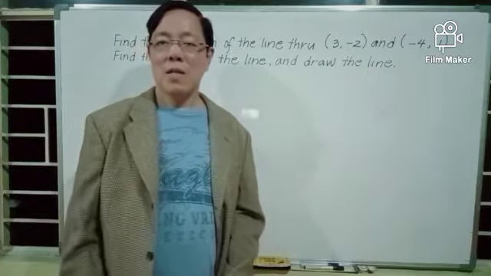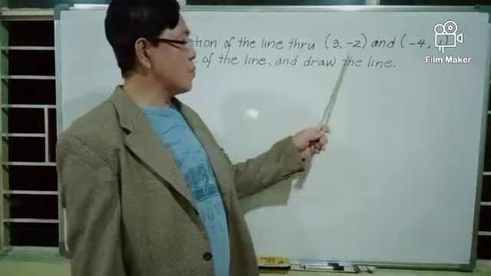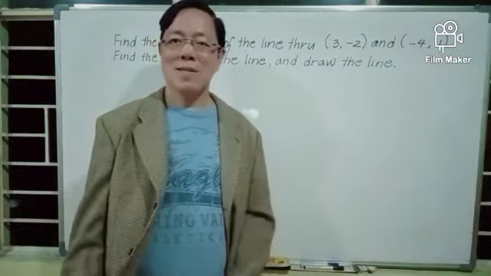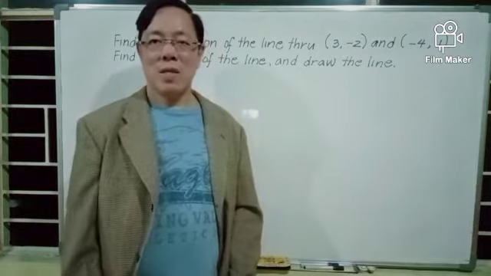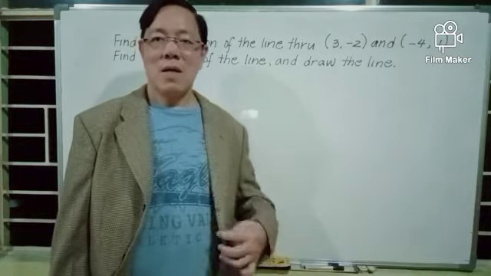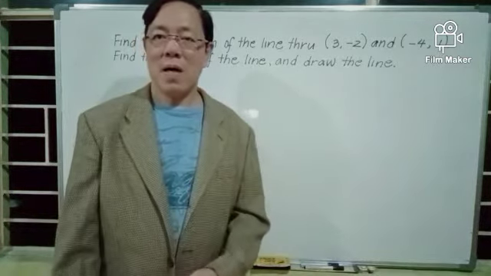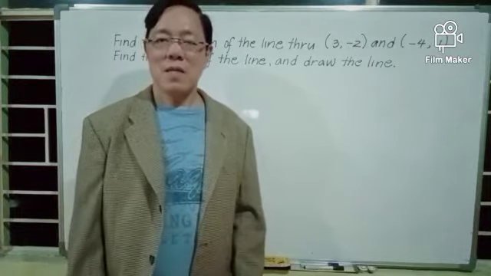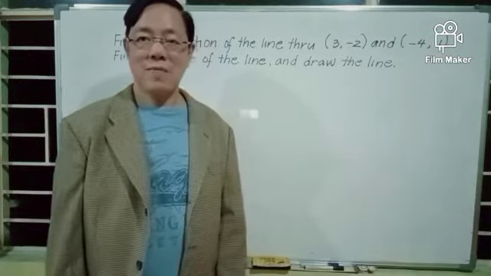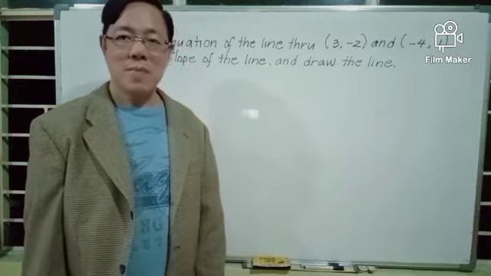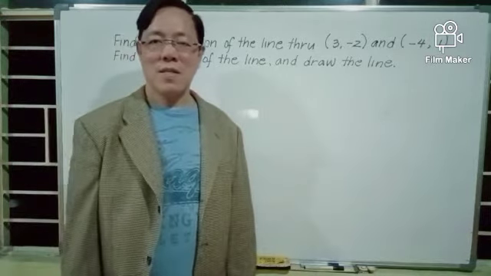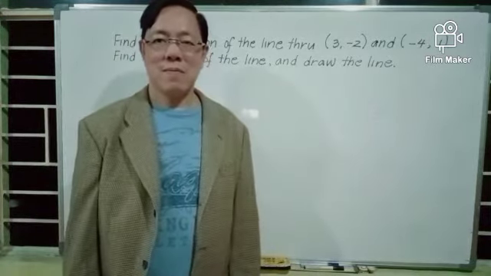To draw the line, either you plot these 2 points in the Cartesian plane and connect them with a straight line. But we will draw the line by finding the intercepts of the line from its equation and then connecting these intercepts with a straight line.